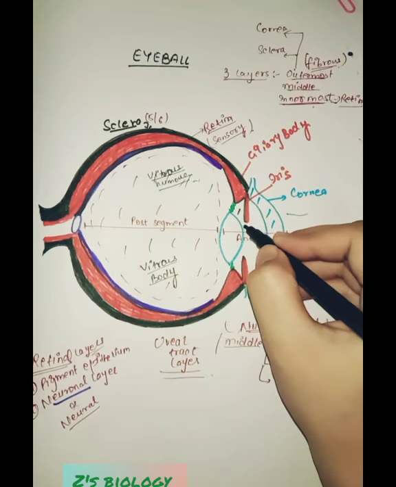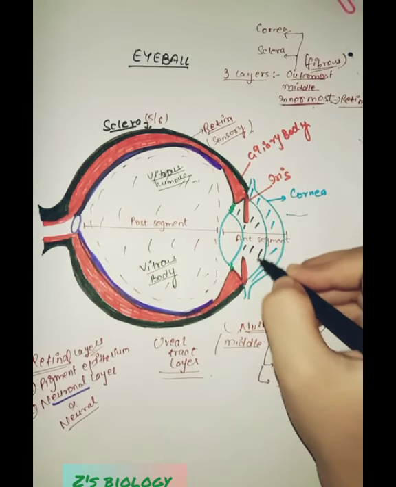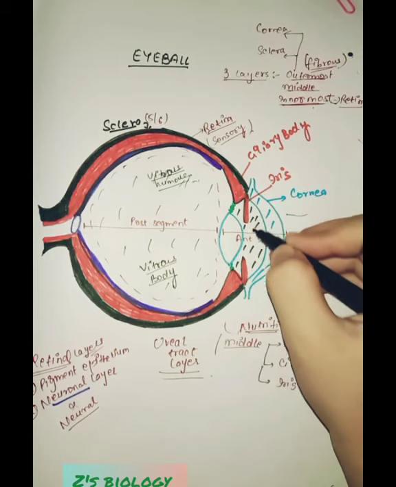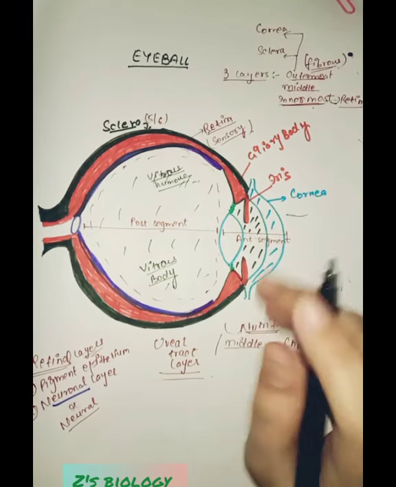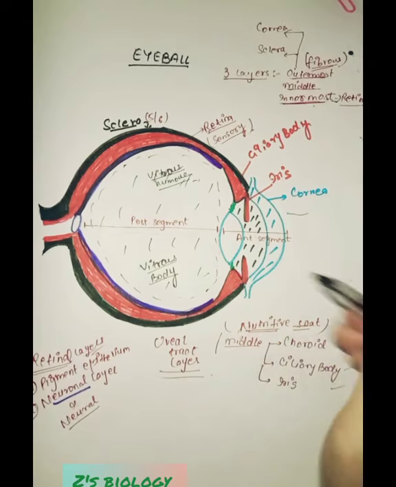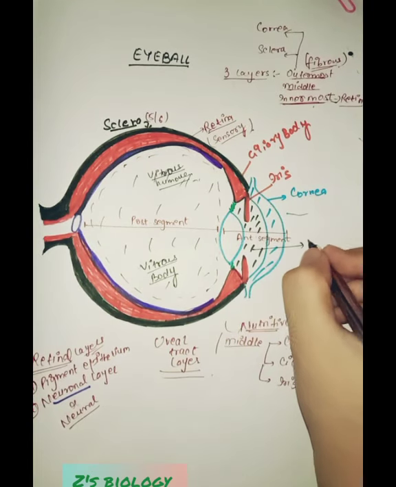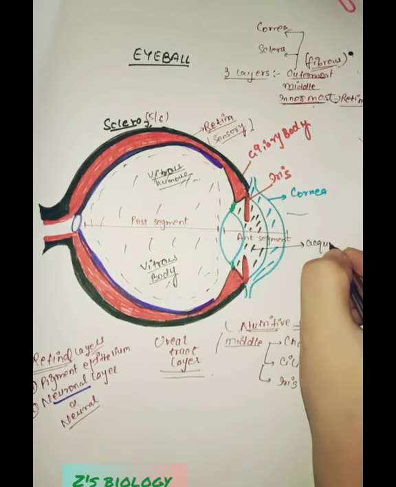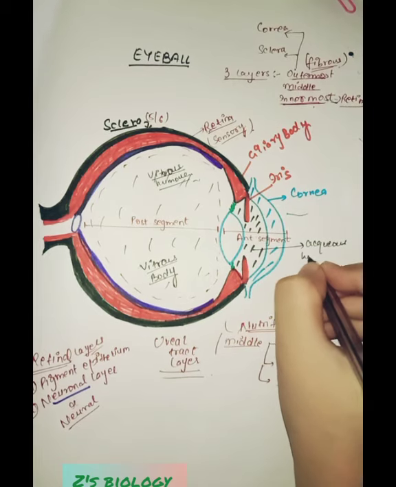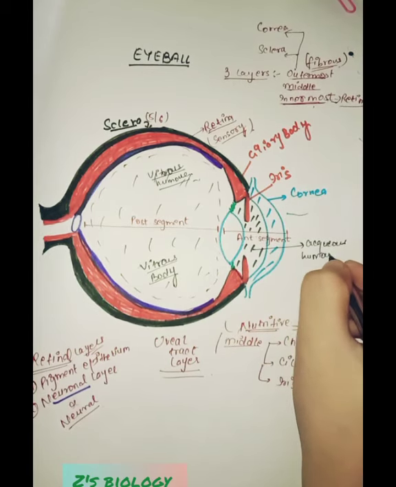If we talk about the anterior segment of the eyeball, the anterior segment is filled with the aqueous humor. This is also a very important fluid in the body.